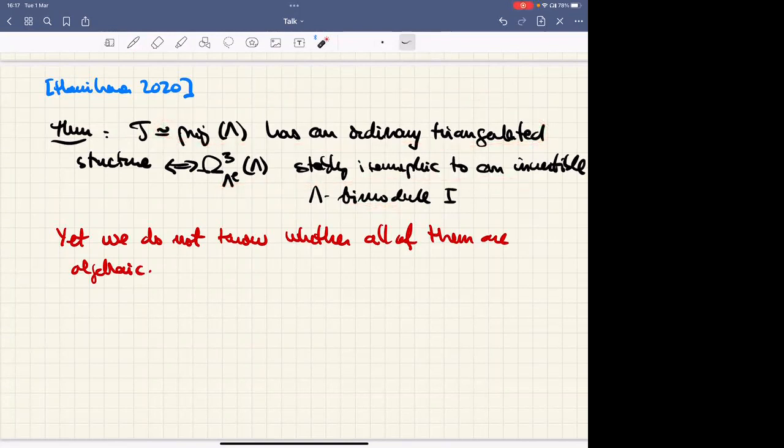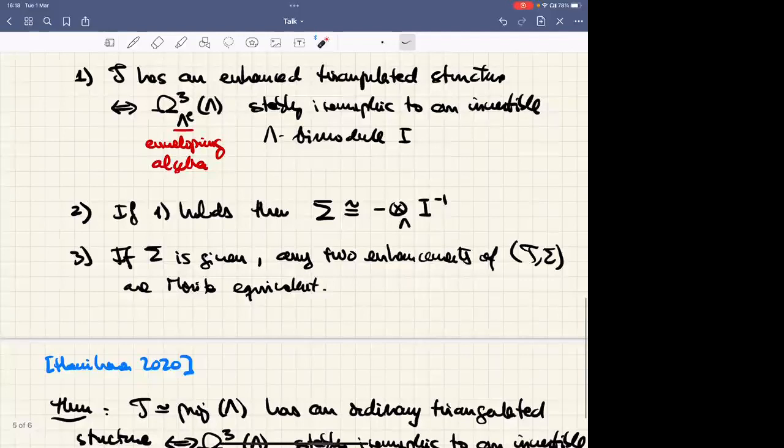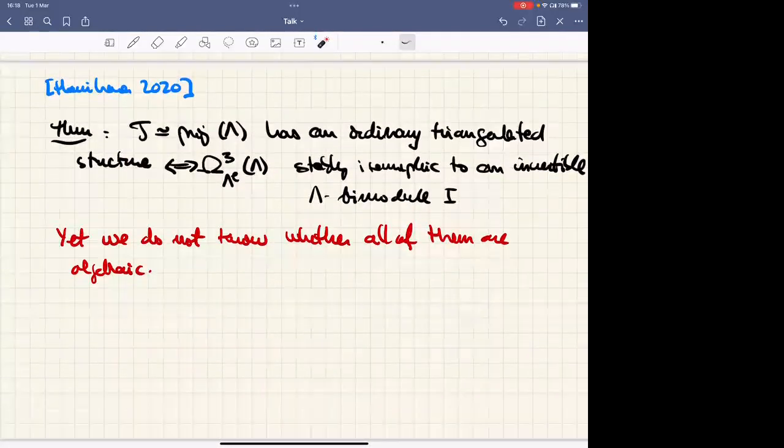So this is kind of indirect. So if T has an ordinary triangulated structure, then only one of them is algebraic once we fix the suspension factor, but there may be other ones which are not algebraic. I asked this question to Hanihara and didn't find an answer.